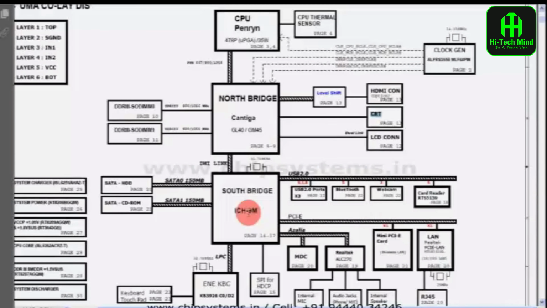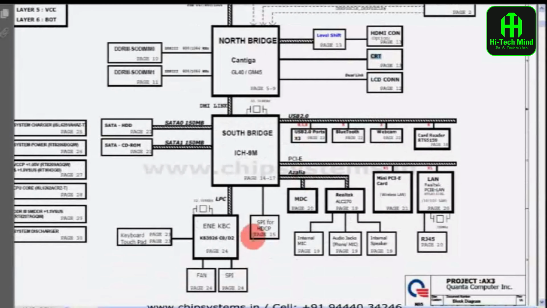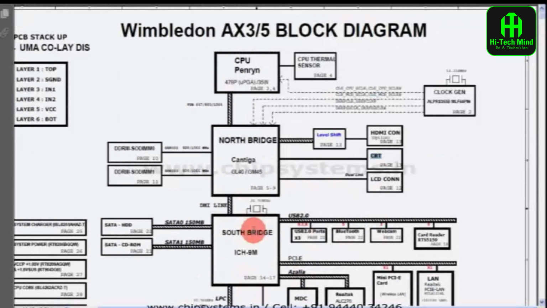It is connected by USB, SATA, modem, Realtek audio, Minicard PCI, LAN, card reader, web camera, Bluetooth and other peripherals. From laptop to laptop there will be the same structure, but the configuration may differ.